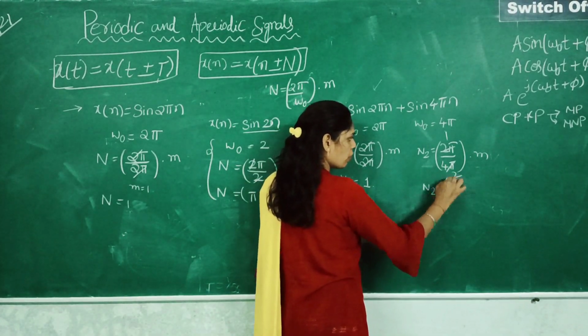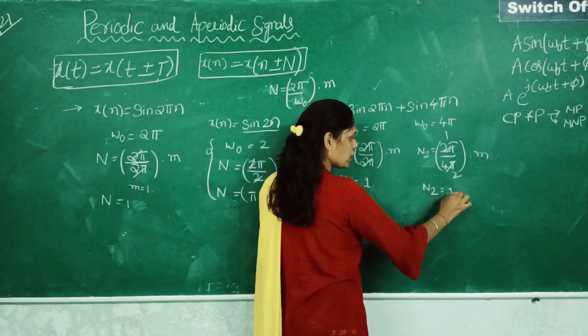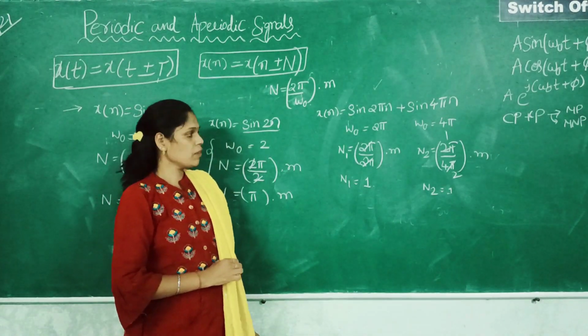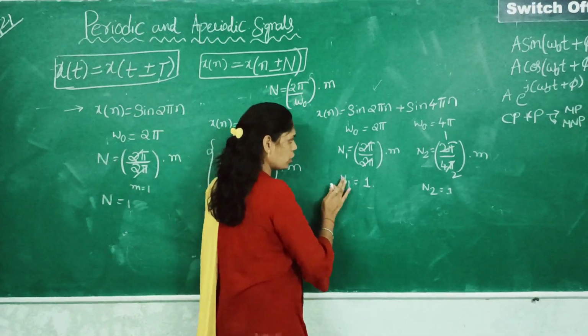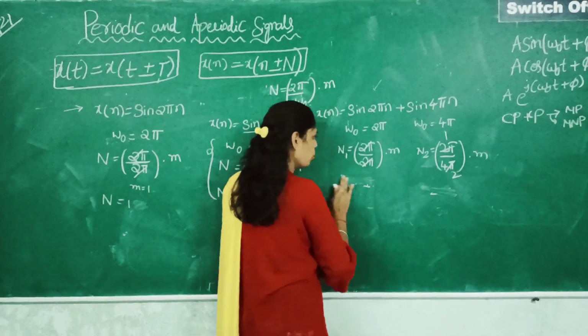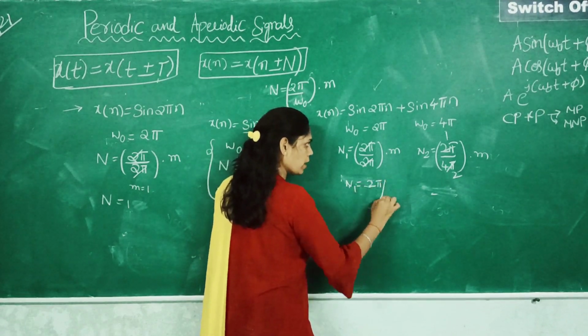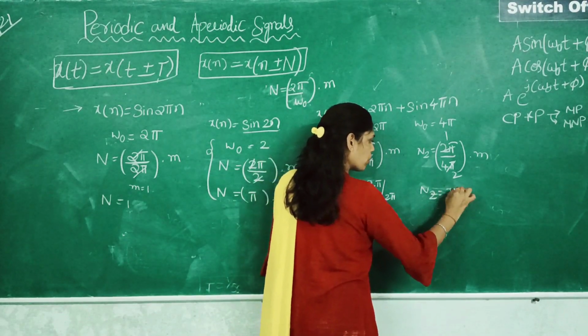N2 equal to 1 by 2 times 2, so we are getting the value 1. Then the given signal is periodic with this time period here. Now we have to find out N1 equal to 2 pi by 2 pi and N2 equal to 2 pi by 4 pi.